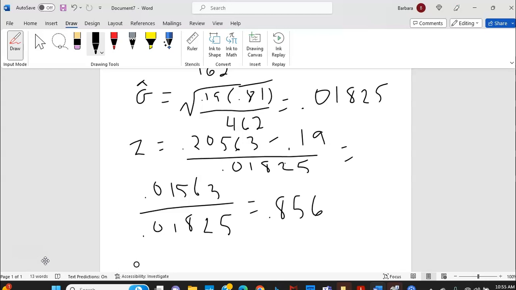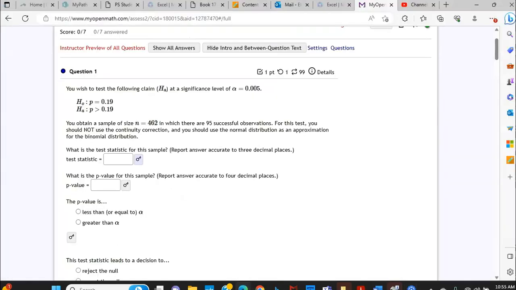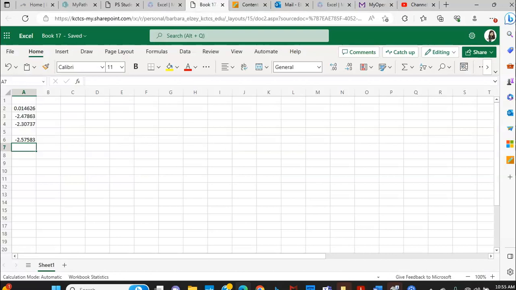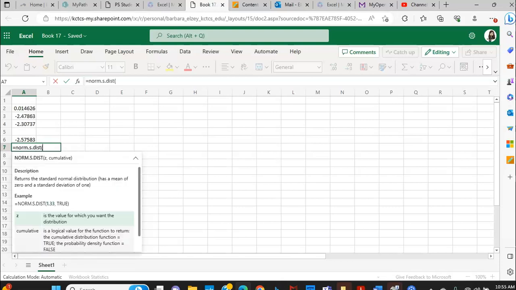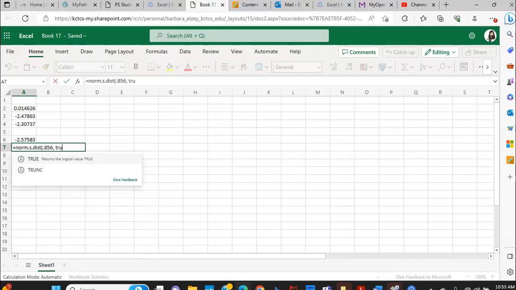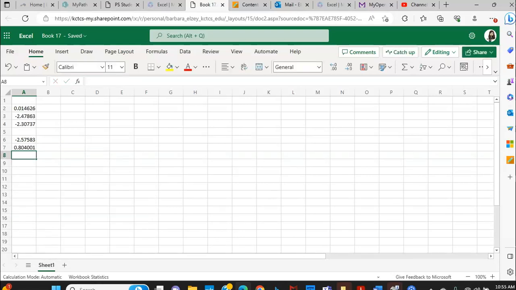Now we want to look up 0.856. Remember, this is my z-value, so when I go to Excel, I just want to use norm.s.dist, put that in, and see what the corresponding p-value is. So equal norm.s.dist, our z-value is 0.856, true, and the corresponding p-value is pretty big, 0.804001.